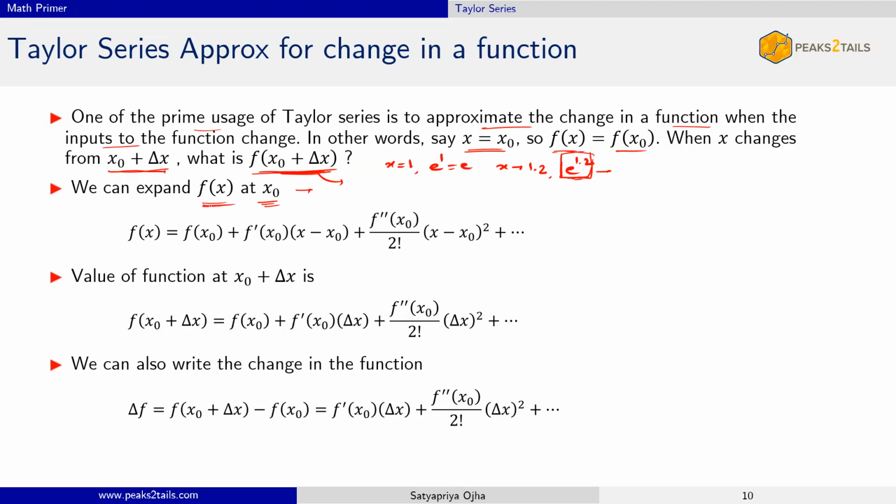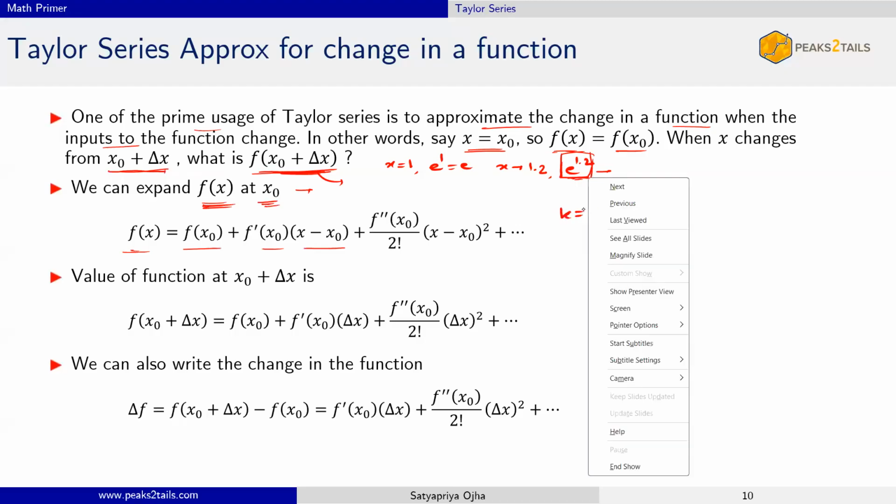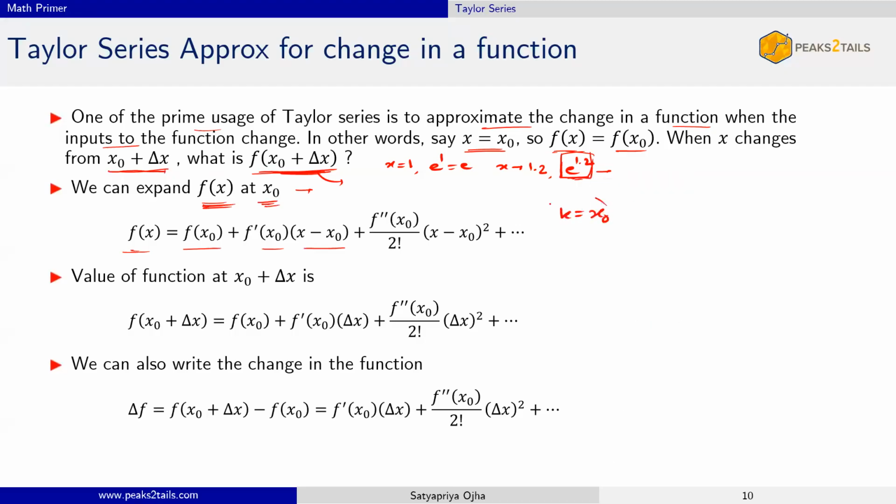All right, so let's expand f of x at x0 because we are trying to approximate the change of the function at x0. So this is our expansion, f of x equal to f of x0 plus f dash x0 times x minus x0. So k is basically your x0 at the moment. This expansion looks right.